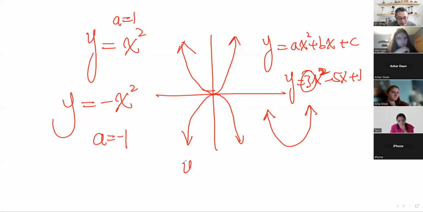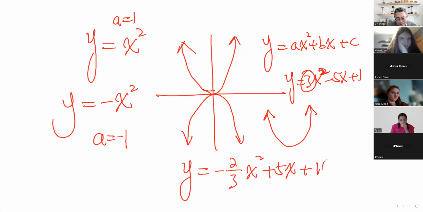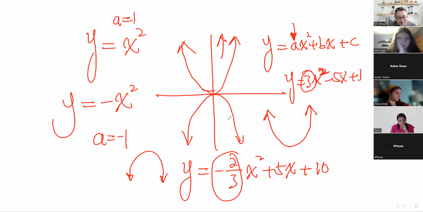And for a function like y equals negative 2/3 x squared plus 5x plus 10, because this term is negative, it's going to go down like this. So the first thing we look at is the coefficient. If this is positive, we get concave up. If it's negative, it's concave down.